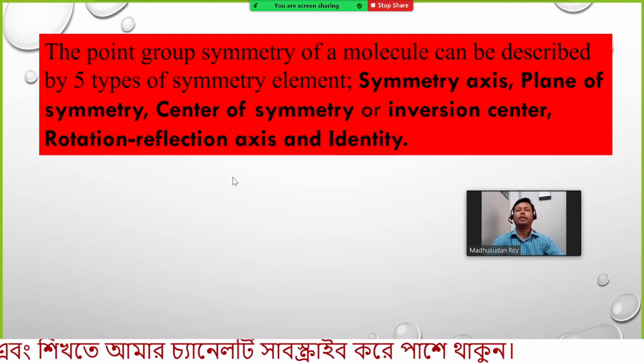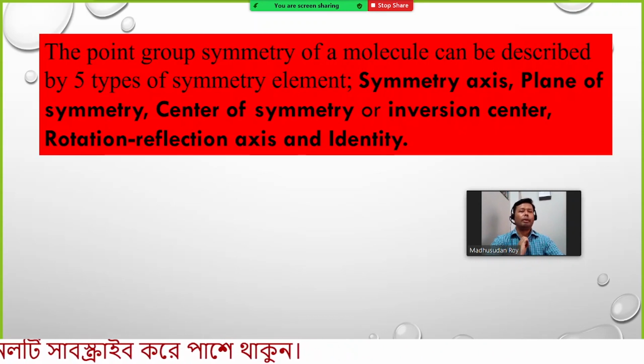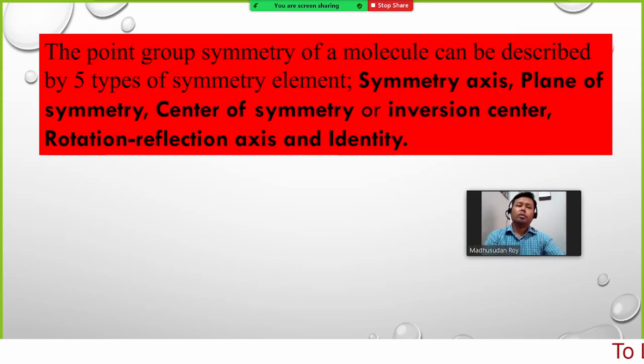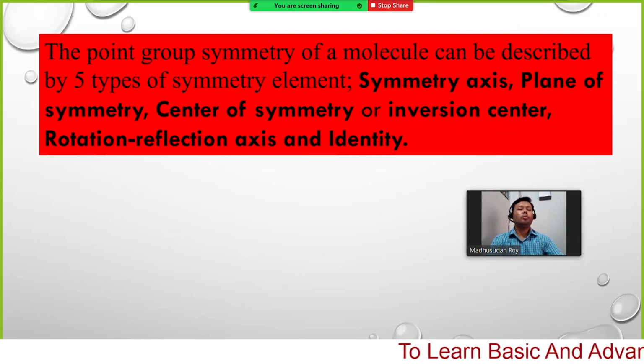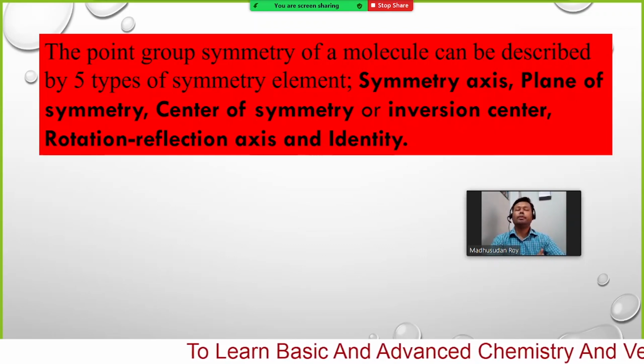As already mentioned, we have only 5 different types of symmetry elements. We do not know exactly how many molecules we have, but there are millions and millions of them. However, you can classify all the molecules based on just 5 types of symmetry elements.